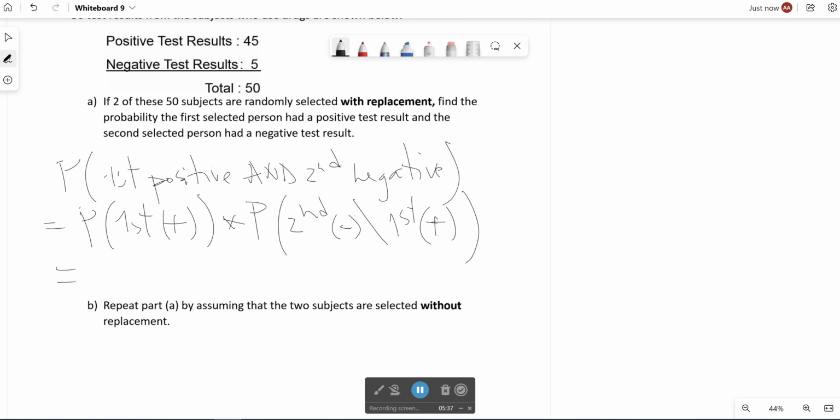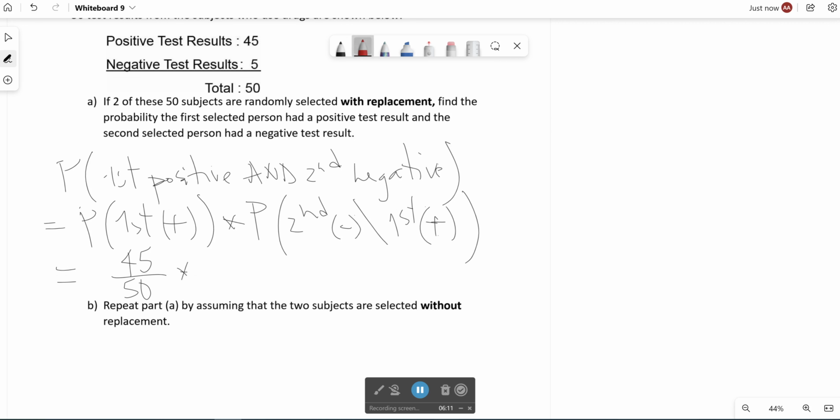So let's find the first probability, the probability that the first person tested positive. So 45 tested positive out of 50. So that's the first probability that a randomly chosen person, the first one, tested positive. Now, let's move on to the probability that the second person tested negative, given that the first tested positive.